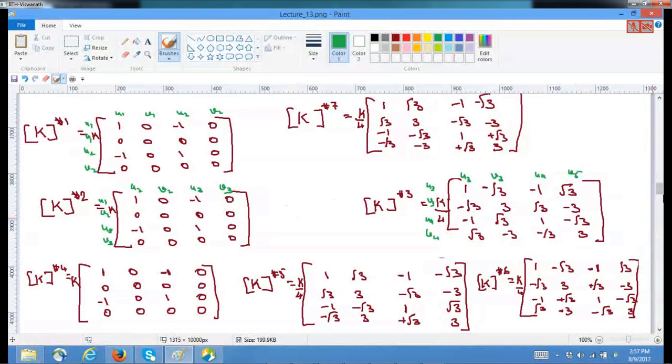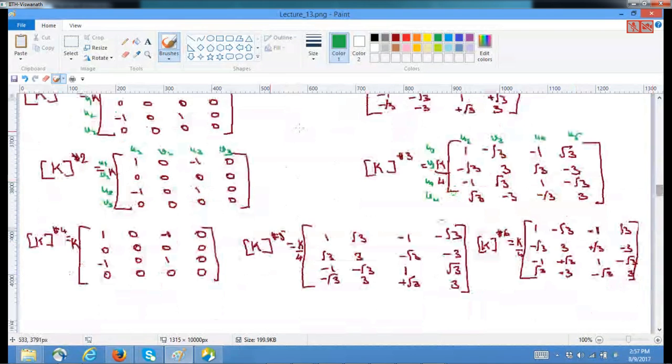For the fourth one, it corresponds to U4, V4, U5, V5.